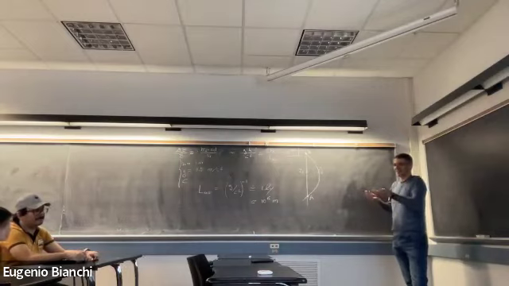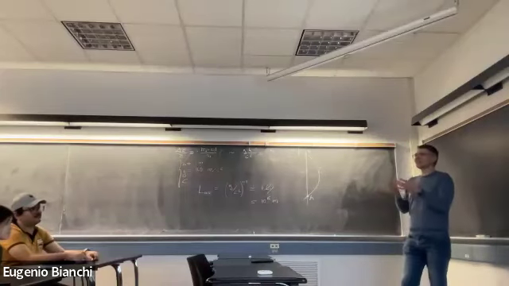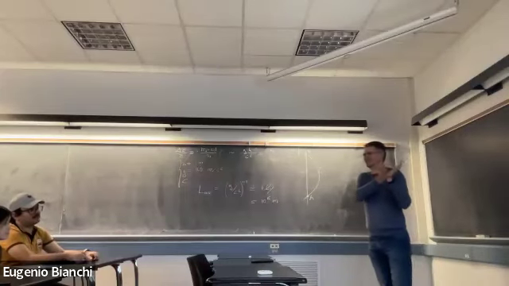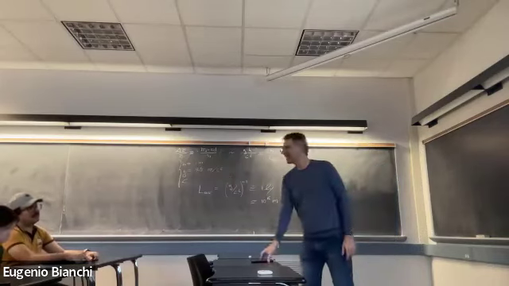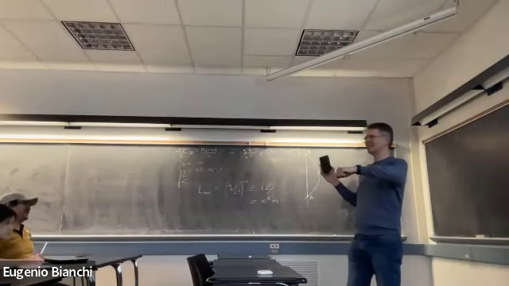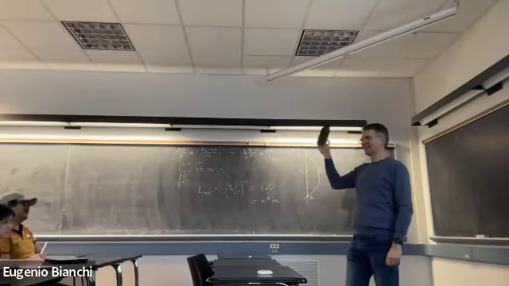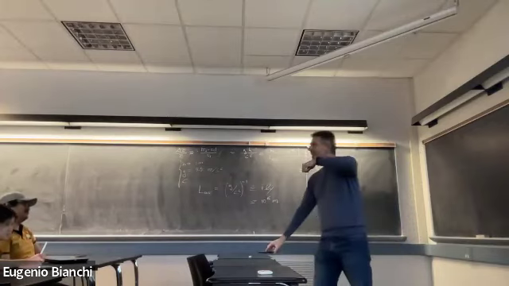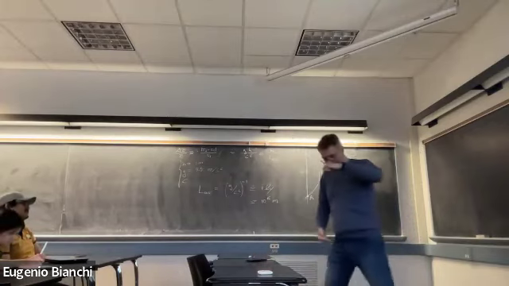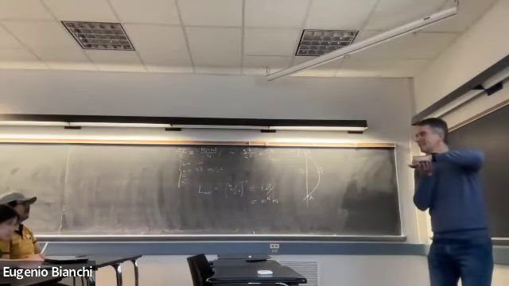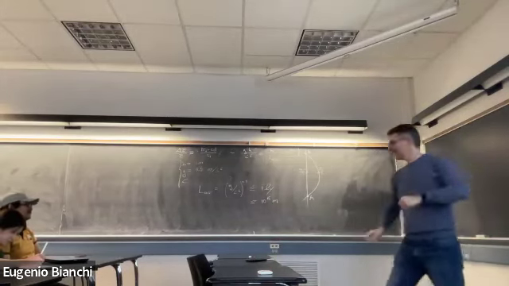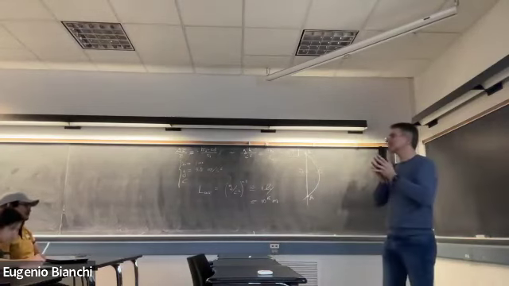A geodesic is a free fall. A geodesic is a curve of zero acceleration. So now I should ask you, which one has zero acceleration? This one or this one? This one is accelerated because the ground is pushing me and I'm pushing it. This one is the one that is not accelerated.